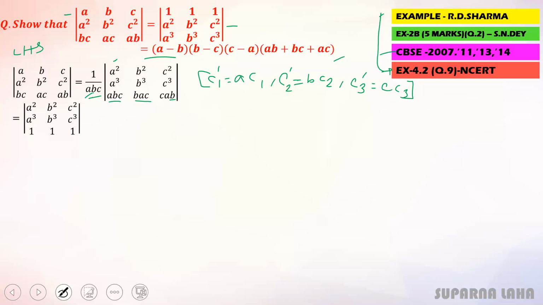So now look at here. 1 is in the first row, and then A square, B square, C square is in the second row, and here in the third row, A cube, B cube, C cube. So just interchange these rows. So that means here I am interchanging. First I am interchanging this row 3 with row 2, and then again row 2 with row 1.